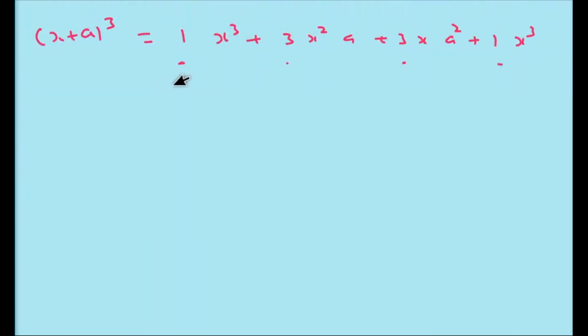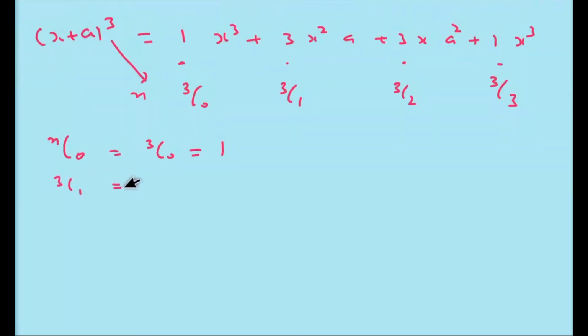We can write here n as 3, so it is 3C0, 3C1, 3C2, 3C3. So using this formula nC0, when we find the value of 3C0, we will get 1.